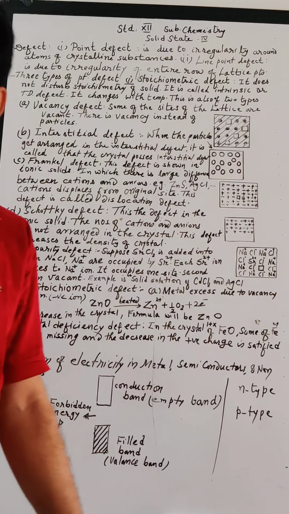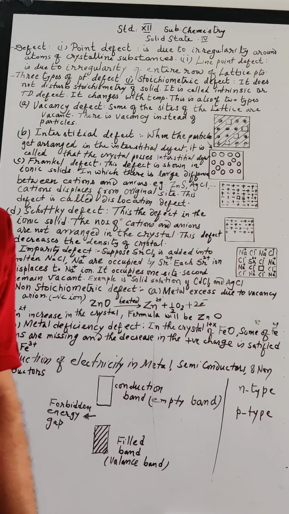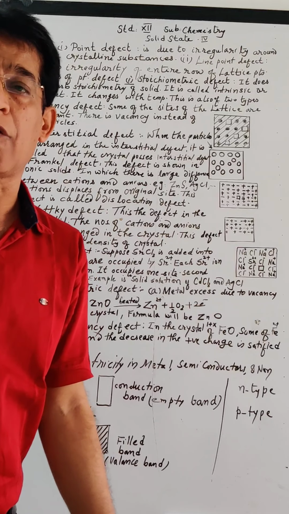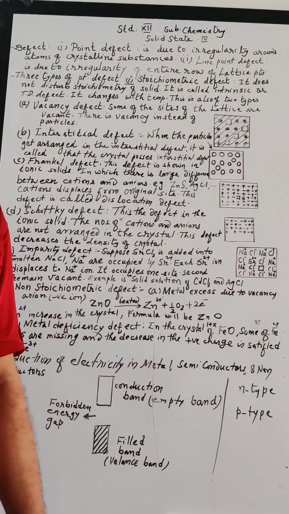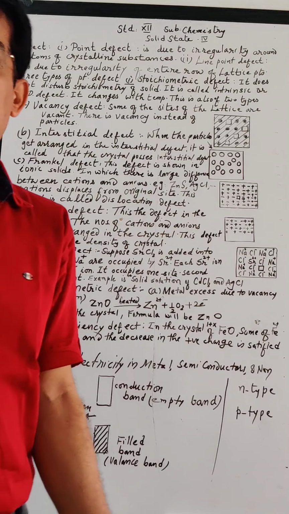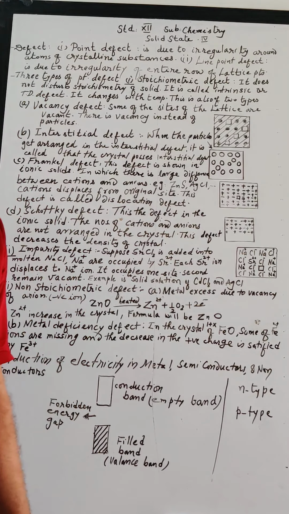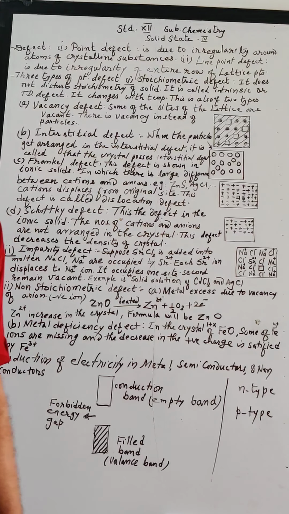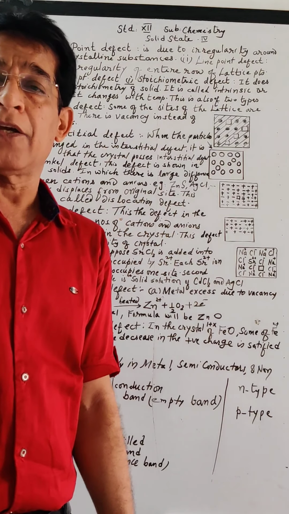The defect increases the density of the substance because the number of atoms per unit volume increases. See Frenkel defect. The defect is shown in ionic solids.